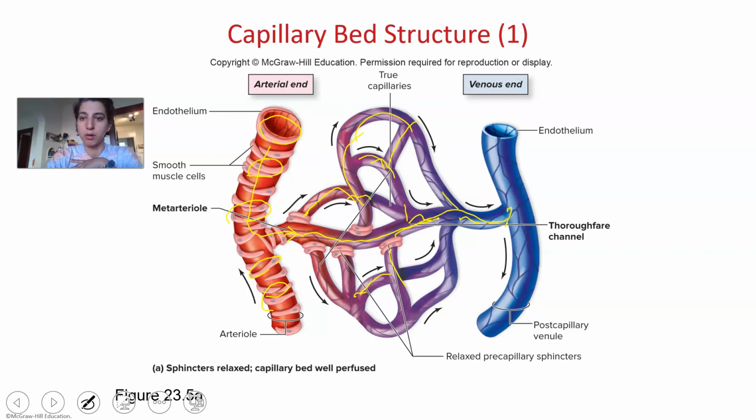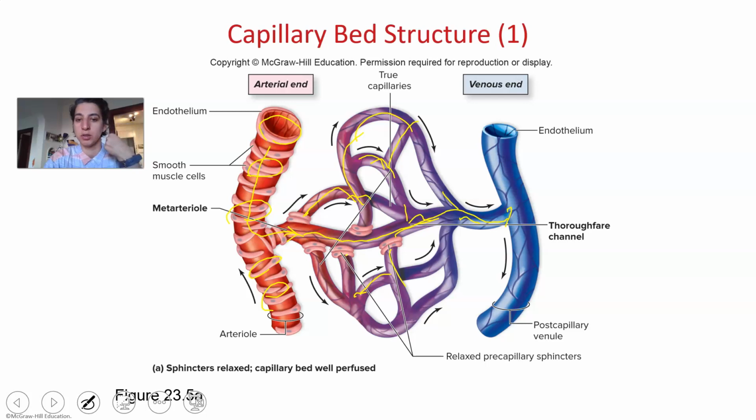So as the blood travels from the proximal end of the capillary to the distal end through this thoroughfare channel, it by diffusion is going to drop off oxygen and pick up carbon dioxide. And capillary beds have something like 10 to 100 capillaries within a particular capillary bed. And the way you can actually shunt blood from this capillary bed is through these precapillary sphincters.